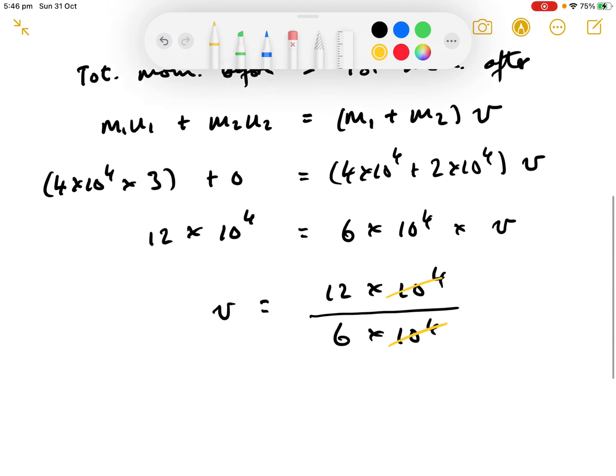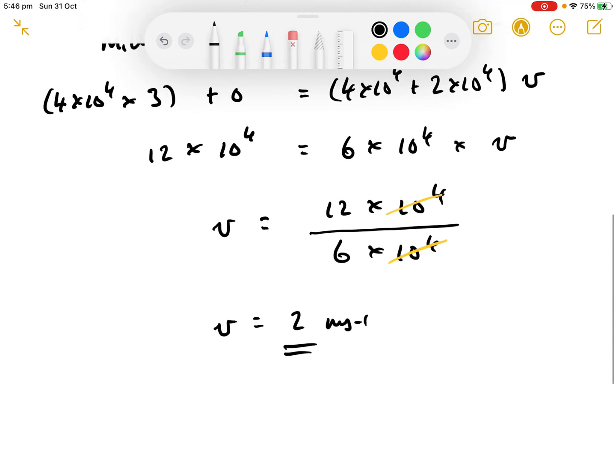Well, clearly the two 10 to the 4s will cancel. 6 into 12, 2 meters per second. So the carriages, when coupled after the collision, move off at 2 meters per second.